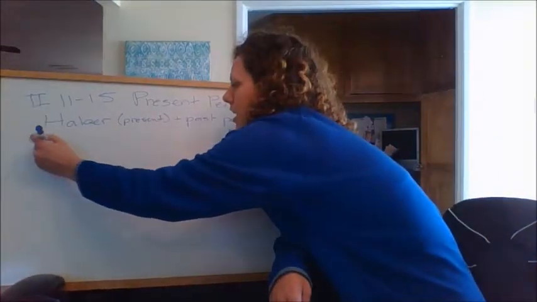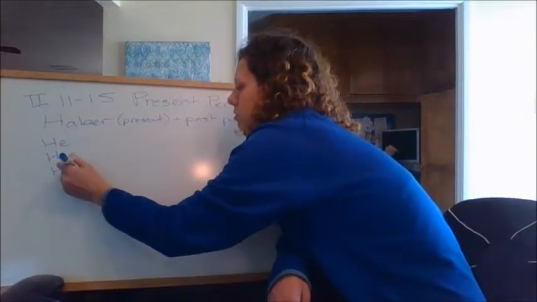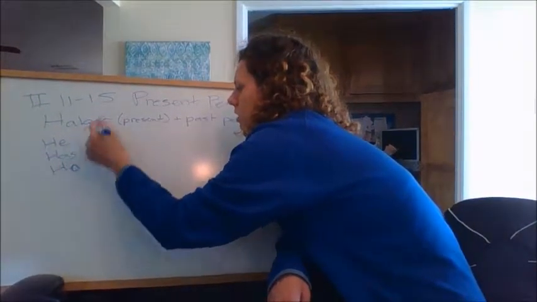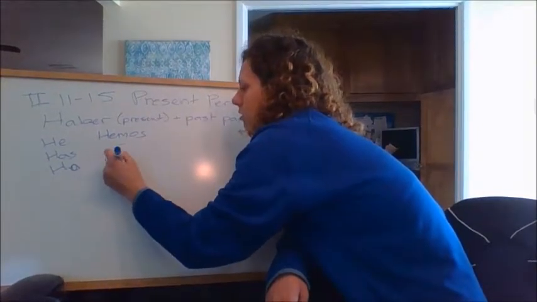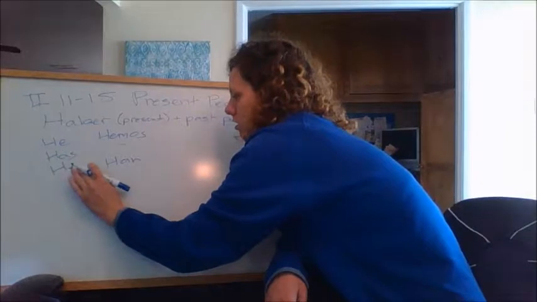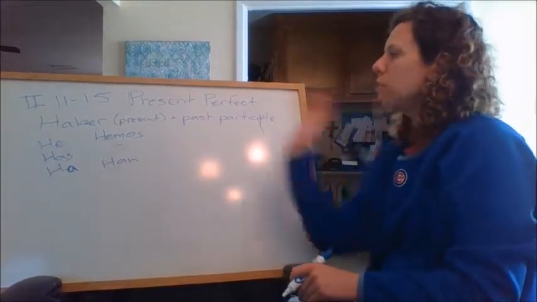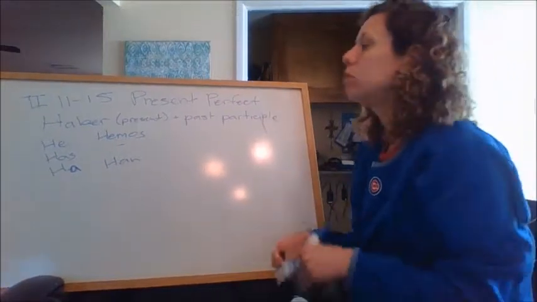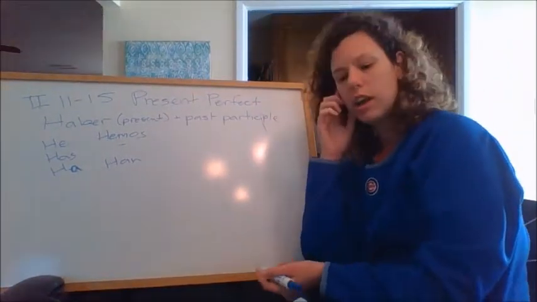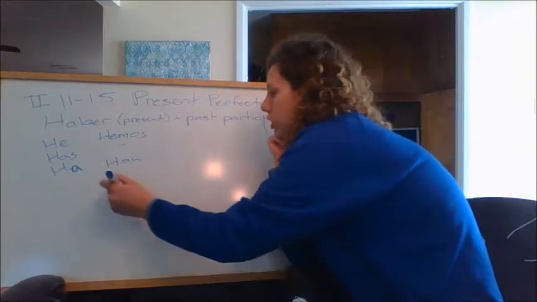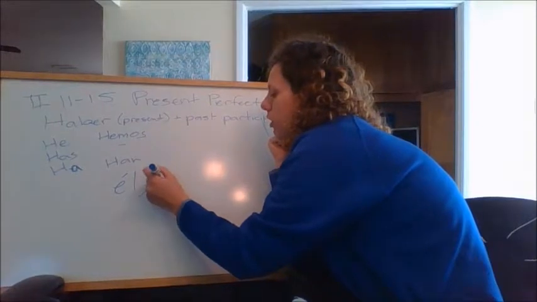Haber is he, has, ha, hemos, and han. That's an A, by the way. And then your past participle is what we just talked about. So for this section, present perfect, you're going to get a subject and you're going to get a verb.